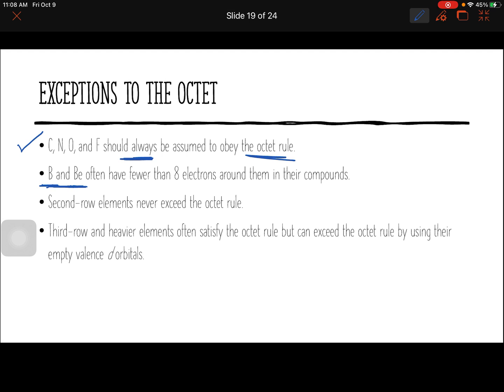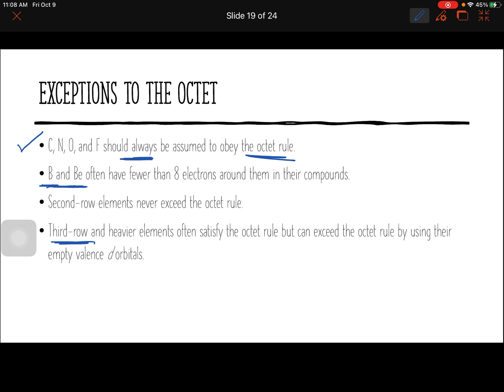Any element in the second row can never exceed the octet rule, because if you're in the second row, you have 2 PELs, so you don't have the possibility of a D sublevel, right? The second PEL only has an S sublevel or a P sublevel, and an S sublevel only holds 2 electrons, a P sublevel only holds 6 electrons for a total of 8. You cannot exceed that. But once you get to the third period, the third PEL does have the potential to have a D sublevel.